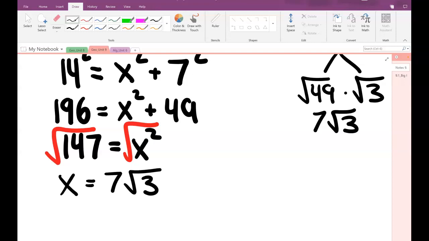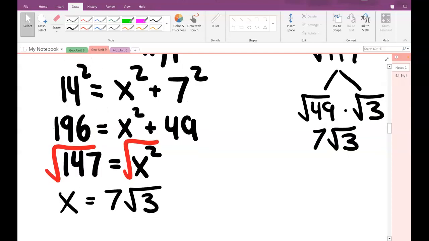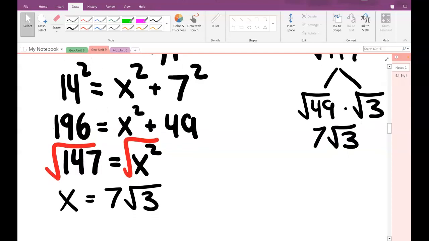If it doesn't ask for an exact answer, you can just round it to however many decimal places it tells you to round to. But this is approximately equal to, take the square root of 147, approximately 12.1.